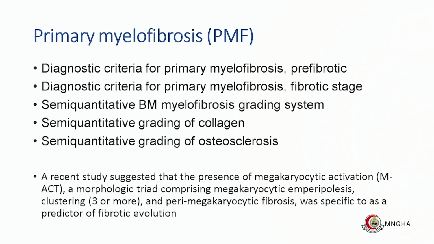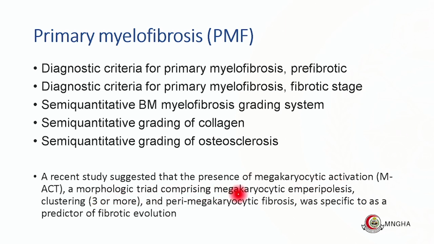For myelofibrosis, the diagnostic criteria are unchanged. For prefibrotic and fibrotic, the grading system is the same for reticulin fibrosis, collagen, and osteosclerosis. They mentioned a very interesting statement that recent studies showed the presence of what they call megakaryocyte activation.